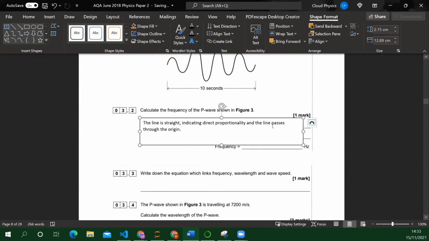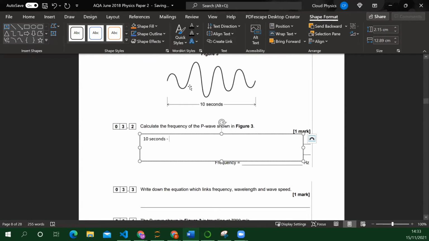So calculate the frequency. We've got 10 seconds. How many wavelengths? We've got one there, so 1, 2, 3, 4. So in 10 seconds you've got 4 wavelengths.